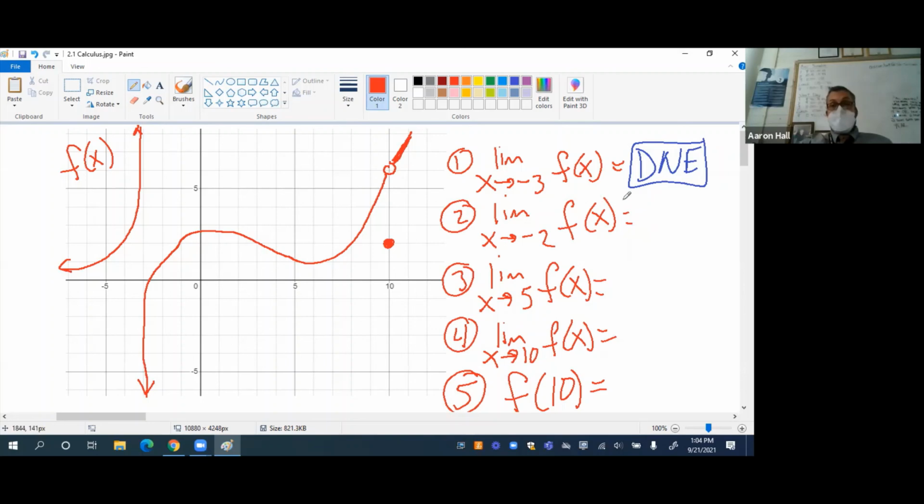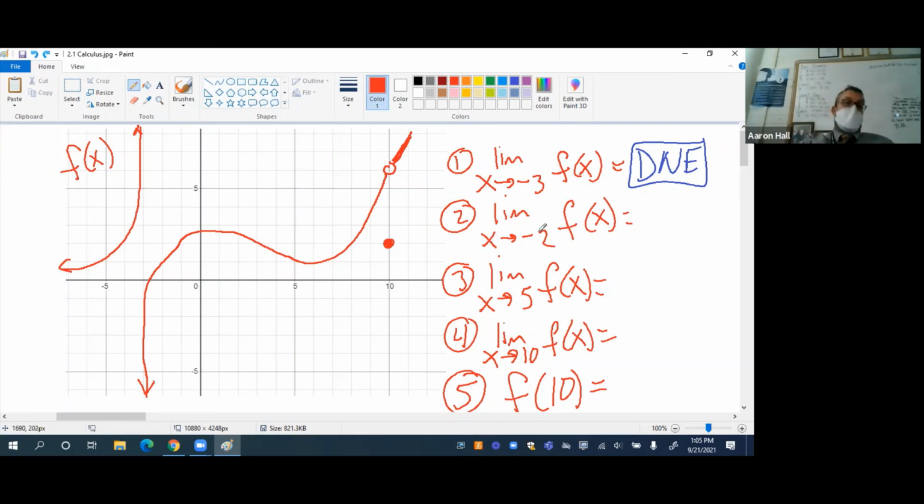Let's look at this one. What does this say? As x approaches -2, what does y approach? Any guesses on what the answer to that is? One. Do you agree that the answer is one? Yes. We just go over here and we find this point right here. There's no hole there. It's continuous.